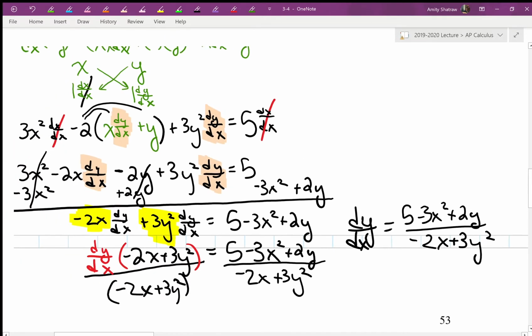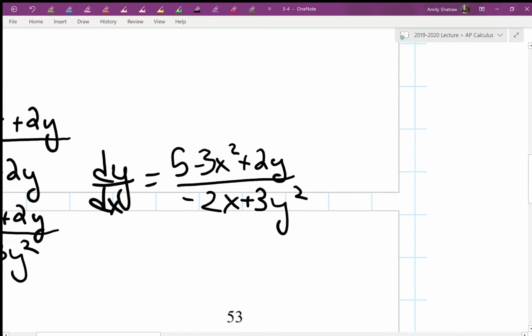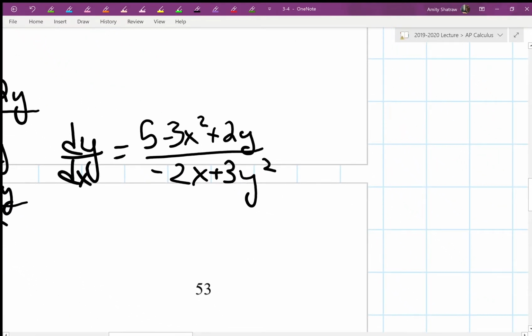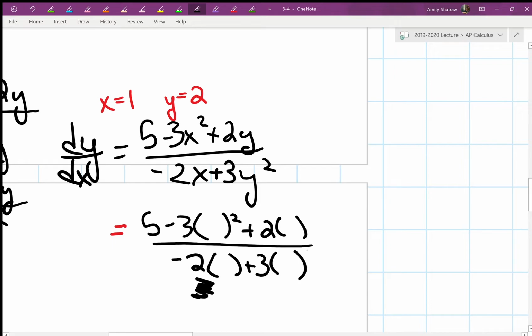And let's go back to the original question and find out what we were being asked to do. Let's evaluate this at the point 1, 2. So if I try to evaluate this at the point 1, 2, then I'm saying, hey, right here, everywhere that I have an x, I plug in a 1, and everywhere that I have a y, I plug in a 2, and I'm going to start doing that. 5 minus 3 times x being squared plus 2 times y over minus 2 times x plus 3 times y being squared.